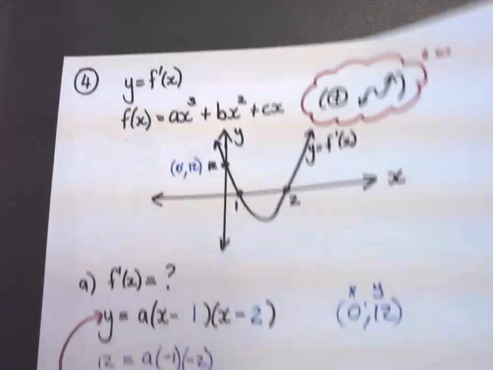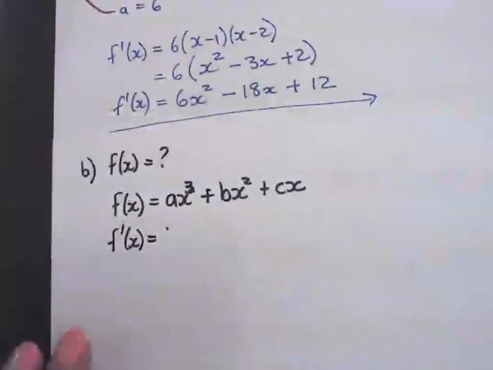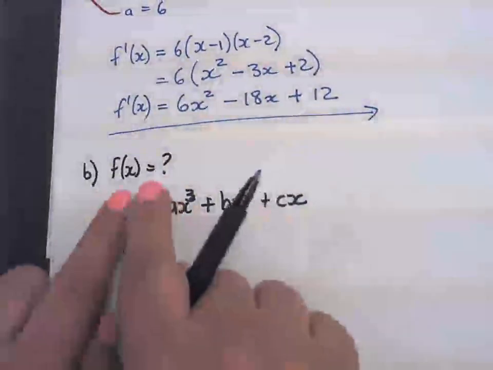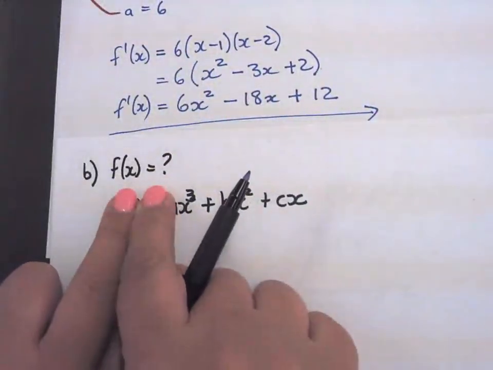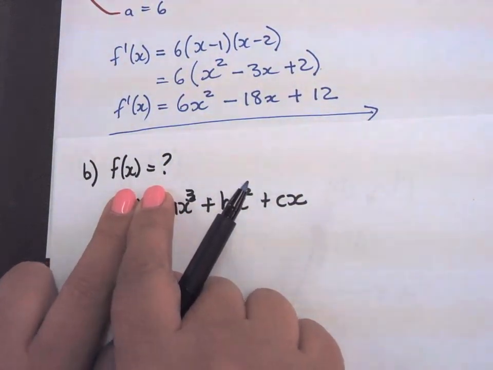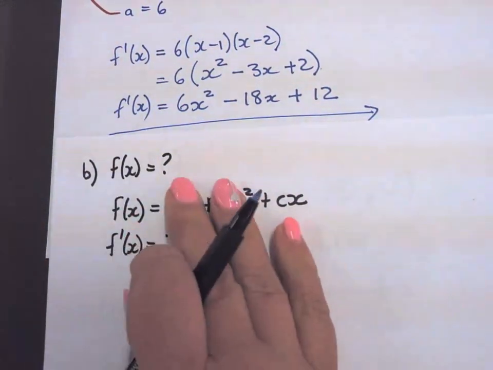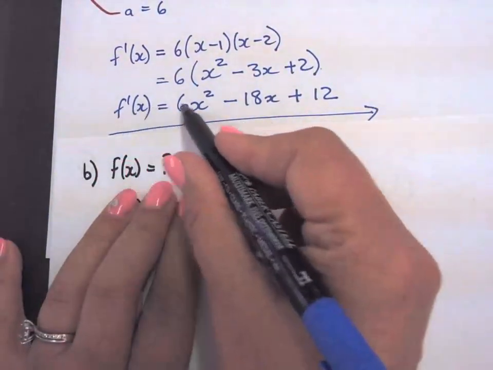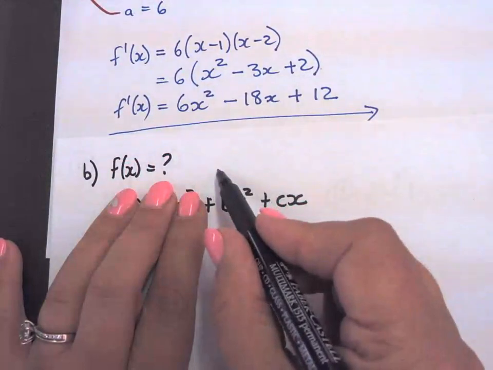Now the follow-up question, they want to know, now that you have the first derivative, find f. Now at university in the first year level, we call this integration. So we have to integrate this to get that.